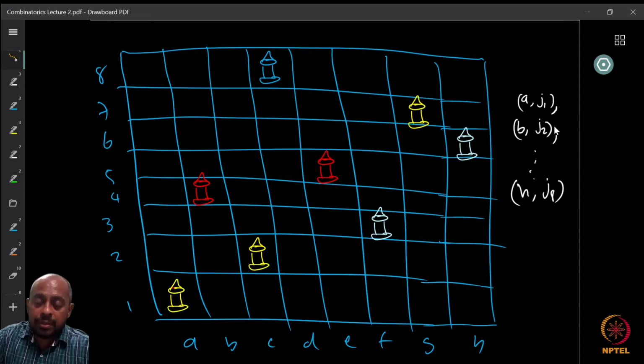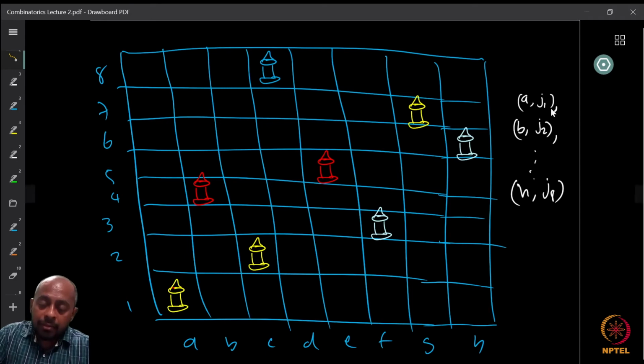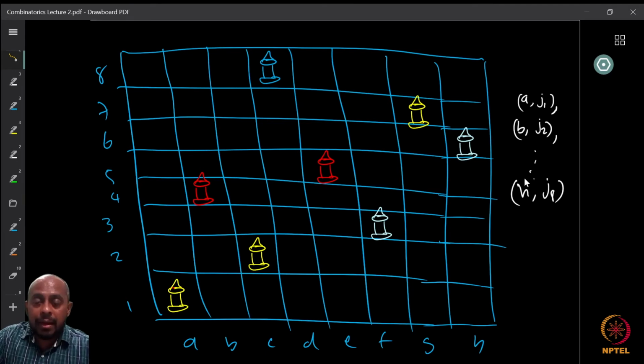If J1 is equal to J2, both of these rooks are in different files, but they are in the same rank. But they cannot be in the same rank. So J1 and J2 must be different. So I have J1 to J8, and they can be any distinct 8 numbers from 1 to 8. They must be distinct numbers from 1 to 8, but they can appear in any order.